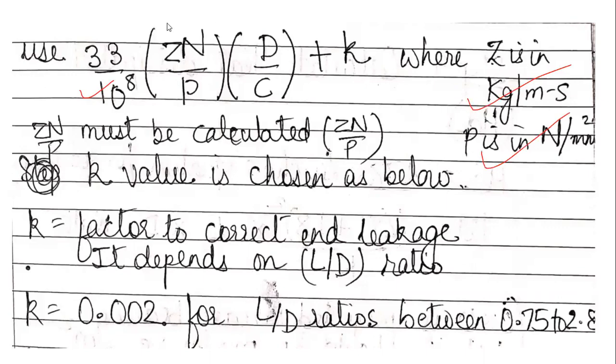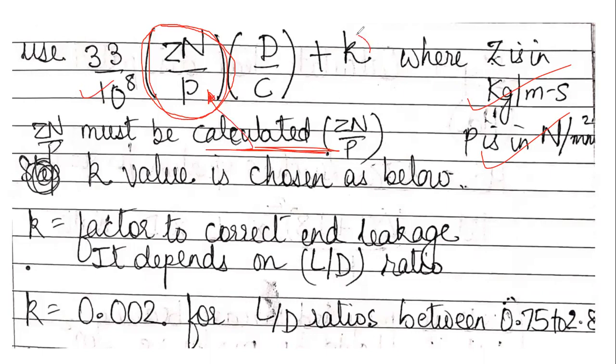In this equation, Zn by P, you may doubt whether to use the operating value or the calculated ZNP. So you have to put the calculated ZNP value in this equation.